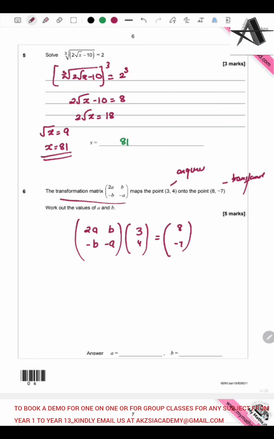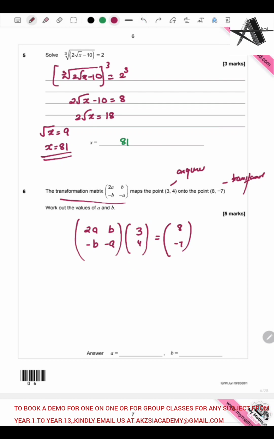Now if only multiplication is there, you know how to matrix multiply. And even if you don't know, let me explain. Matrix multiplication is: take the horizontal row and the column of the next matrix and multiply each element.